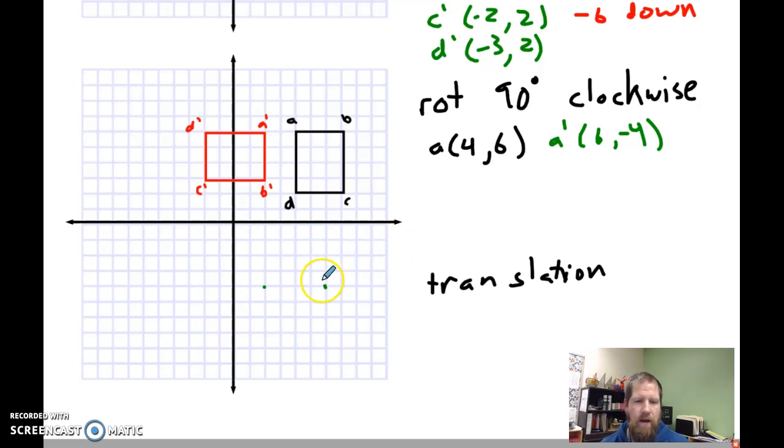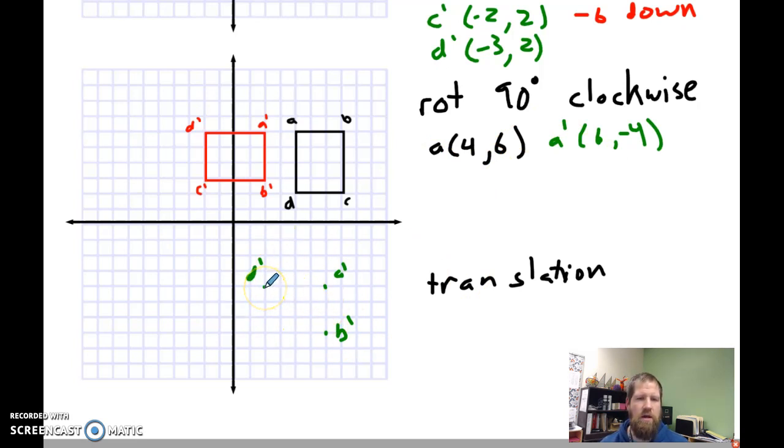All right, so this should be my A prime, and this should be my D prime. Okay, and if B is 3 to the right of A, then B prime should be 3 below A prime. All right, and I could do this mathematically, but I'm pretty confident in where I put these.